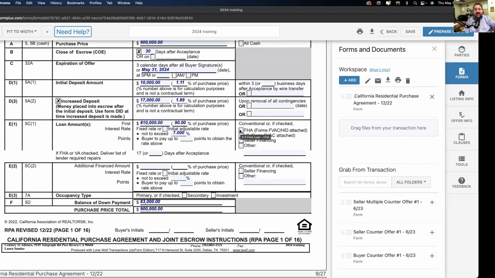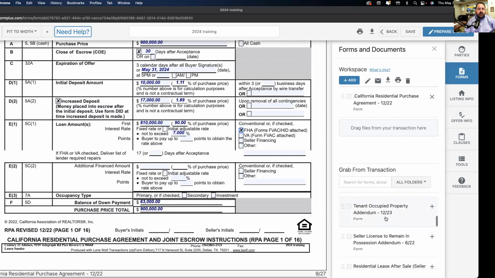If it is FHA, in this case, we're still putting 2% down, but they could maybe be using FHA. If it is FHA, you want to check that box because what that does now is it includes the FHA amendatory clause and the form for the home inspection, right? For your protection, get a home inspection because that's required. So it's going to add those two forms automatically in. They should be added on here now.